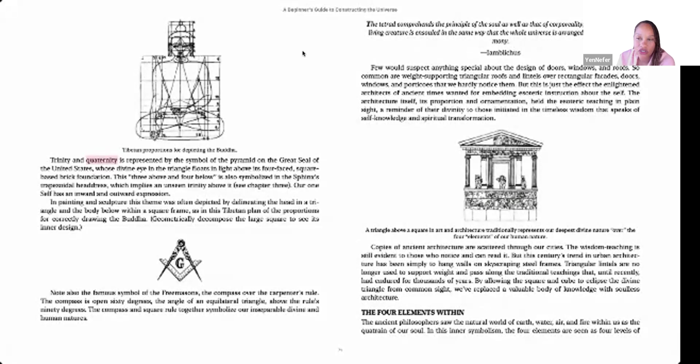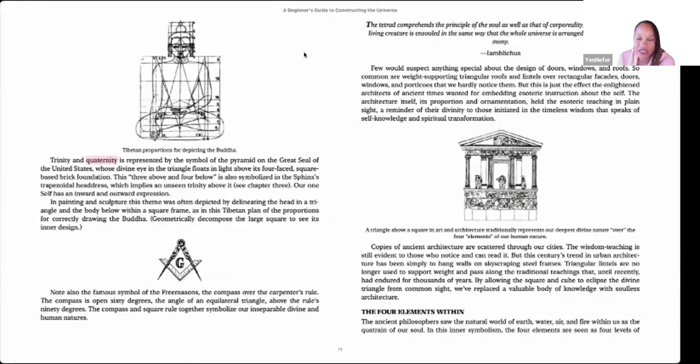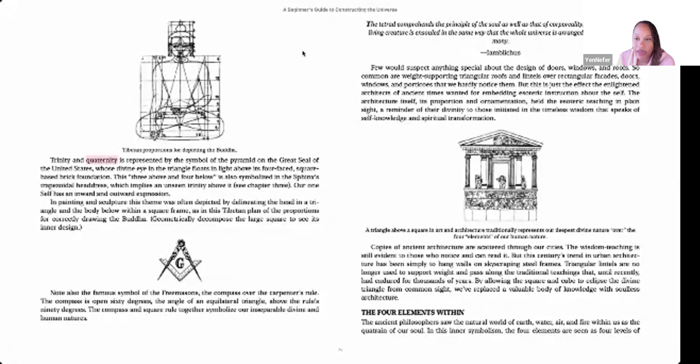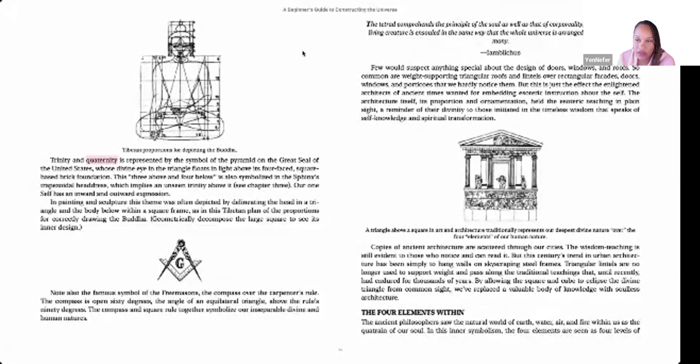Triangular lintels are no longer used to support weight and pass along the traditional teachings that until recently had endured for thousands of years. By allowing the square and cube to eclipse the divine triangle from common sight, we've replaced a valuable body of knowledge with soulless architecture.